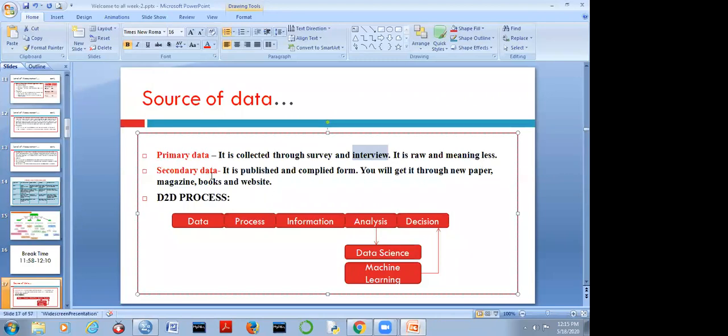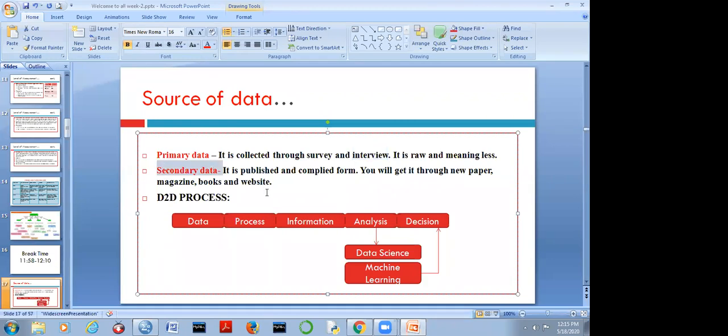Then secondary data. It is in a published and compiled form. Whatever data is published in a newspaper, I have given some examples: population, railway, COVID, whatever you read that is published, that is secondary data.